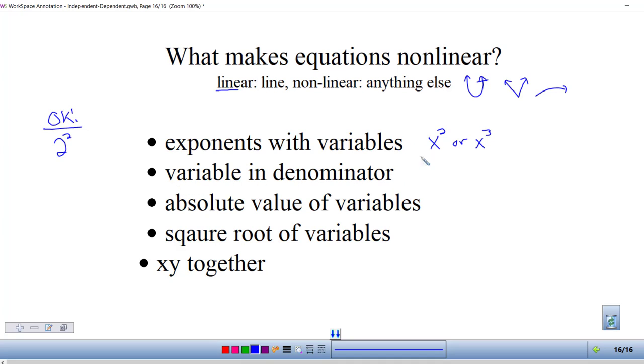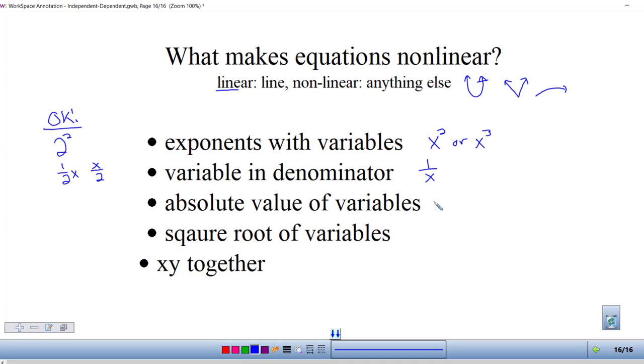Variable in the denominator, remember the denominator is the bottom of a fraction, so if I have something over x or over y, that is a variable in the denominator. It is okay to have a fraction like 1/2 x. That x is not in the denominator, it's next to the fraction, that's okay. It's also okay to have x on top of a fraction, just not on the bottom.